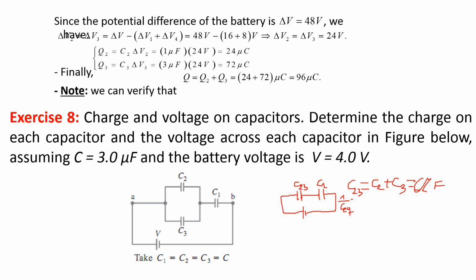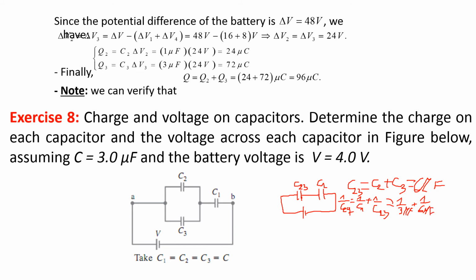Means the inverse of equivalent capacitance is equal to the inverse of capacitance 1 plus the inverse of capacitance 23, which is equal to the inverse of 3 microfarad plus the inverse of 6 microfarad.